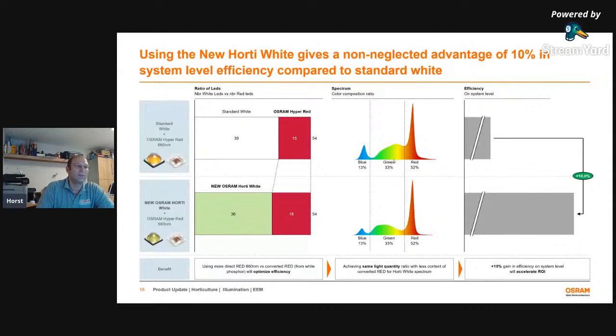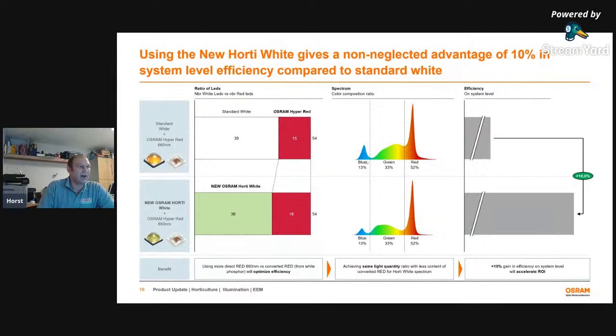It's also useful. If you take a deeper look at the whole system, you see that if you apply white light or white LED, then your whole system efficacy in micromole per joule will drop a little bit. And to improve this system efficacy, we made up our mind how this can be realized.